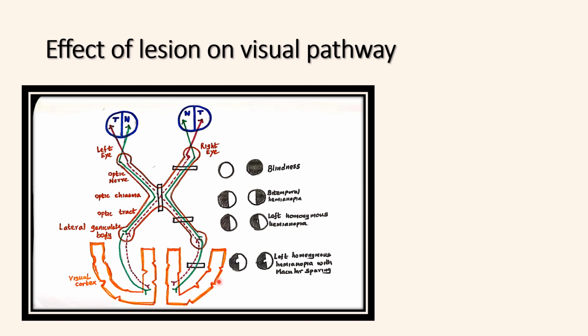The visual cortex has more cortical representation compared to the peripheral retina. So the macula, the central part of the visual field, is not affected because there is a higher cortical representation. 1 mm of macula represents 16 mm of the visual cortex.